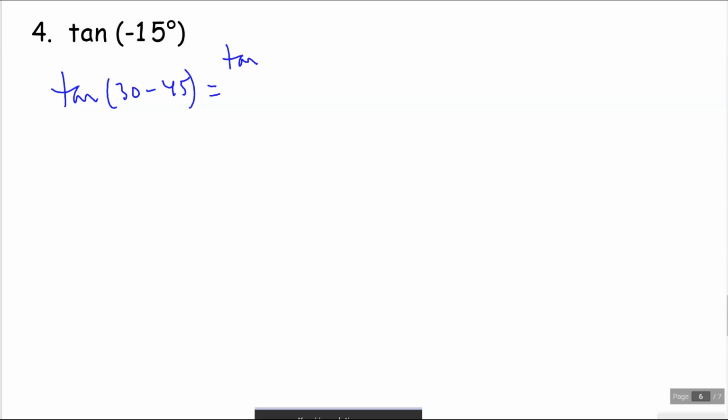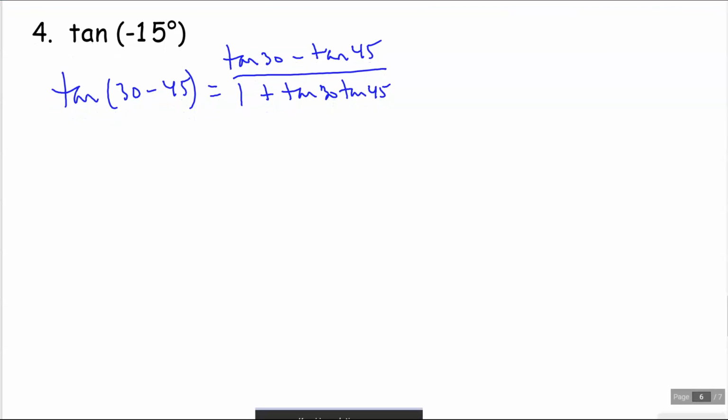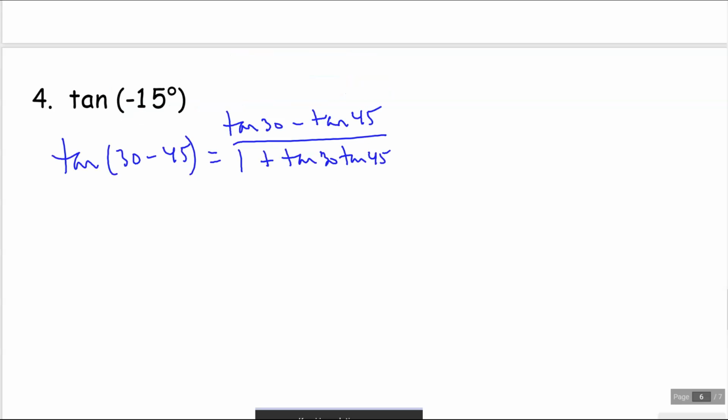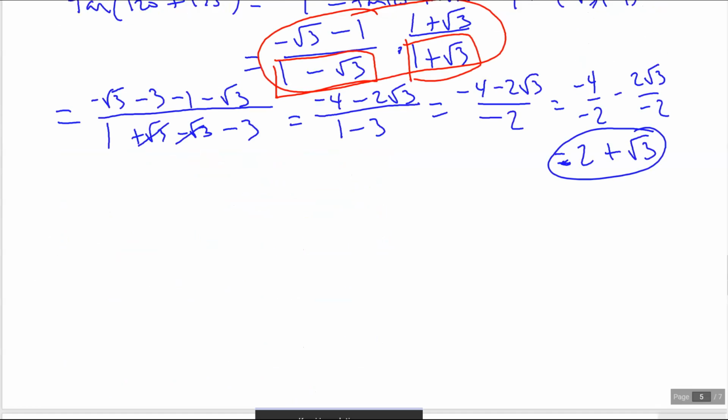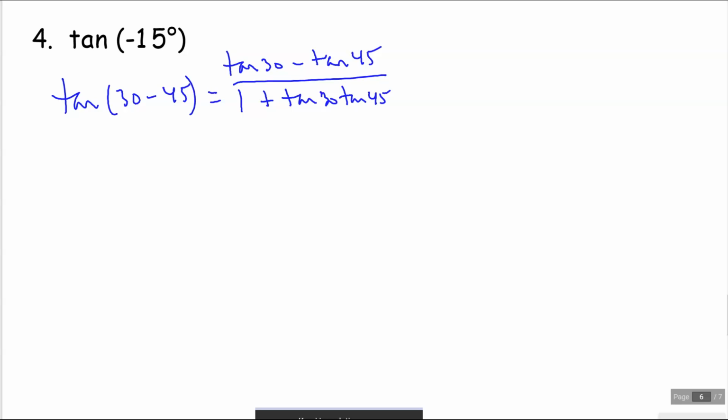So in this case, it does matter. Tan 30 minus tan 45 all over 1 plus tan 30 times tan 45. Oops, sorry. Make sure I use that formula correctly. Yep. Okay. So let's fill in here first.